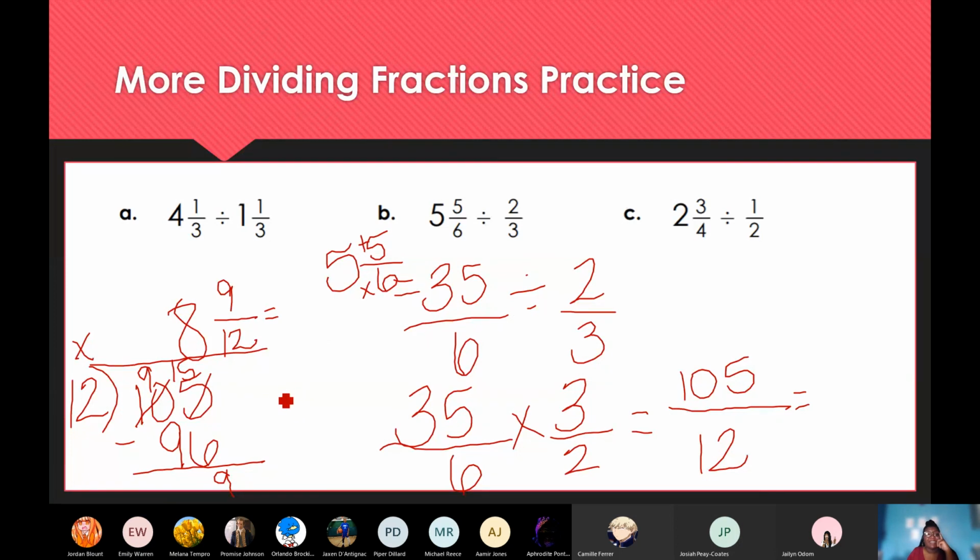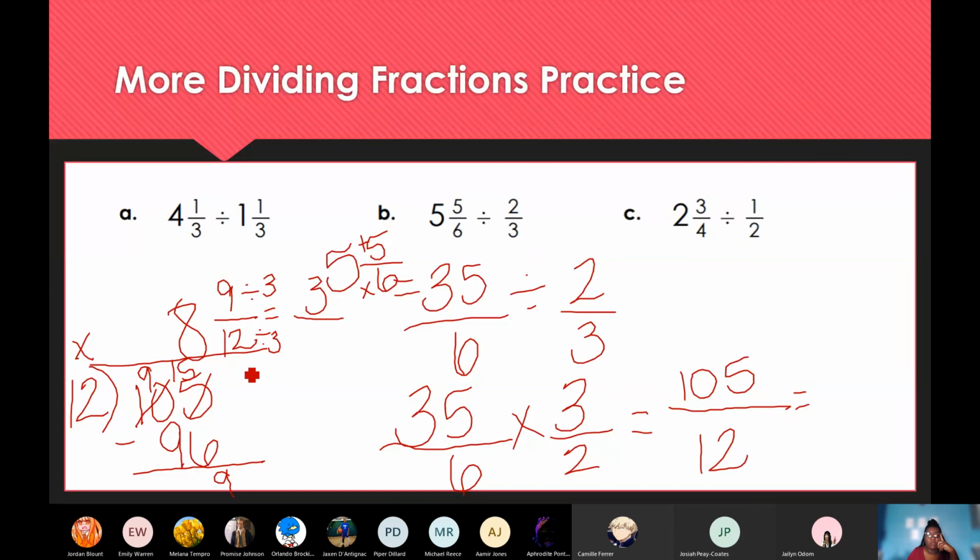Correct. Does 9 and 12 have any common factors? Yes, ma'am. What's the common factor? 3. 3 times what will equal 9? 3.